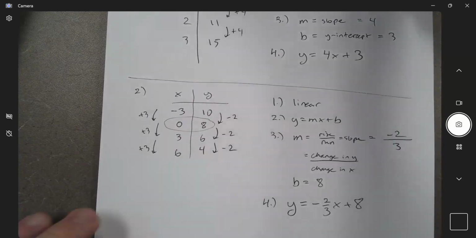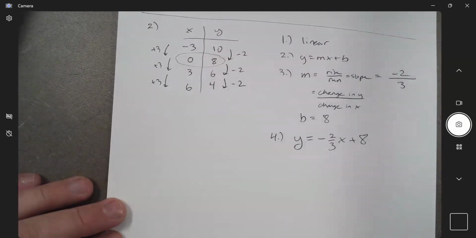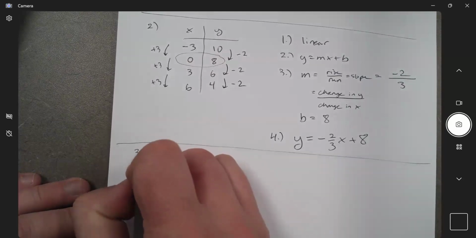And there's one more possibility. There might be 2 or 3 or 4 more possibilities, but one more that I want to tell you.